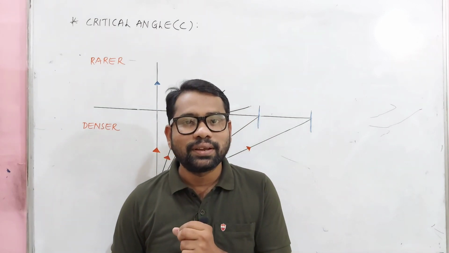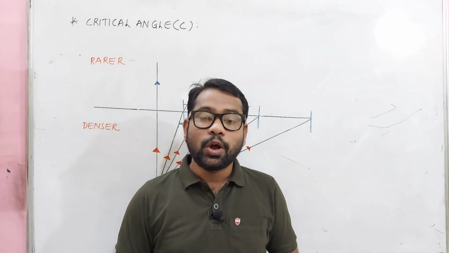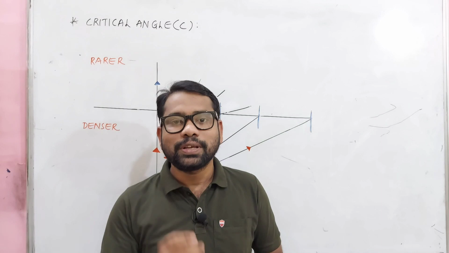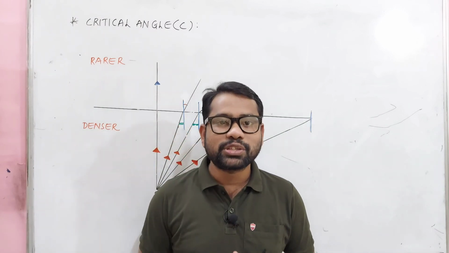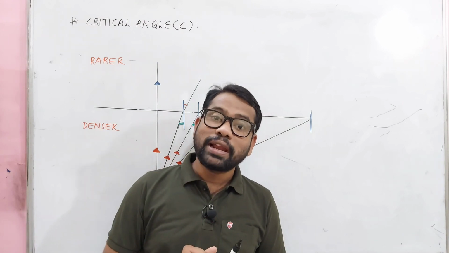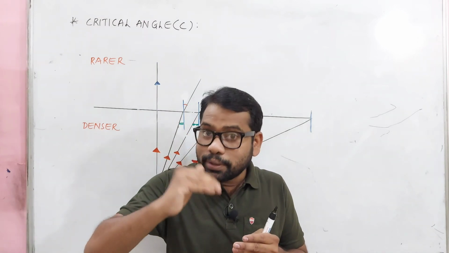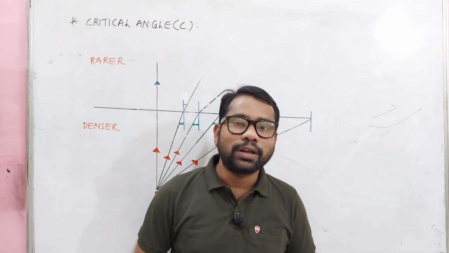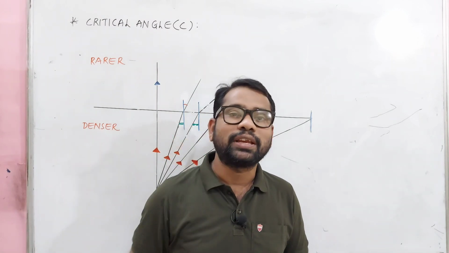What happens if light moves from an optically rarer medium to an optically denser medium? It slows down, due to which it moves towards the normal. But what happens if light moves from an optically denser medium to a rarer medium? It moves away from the normal. This is the point we are going to take up in today's class.